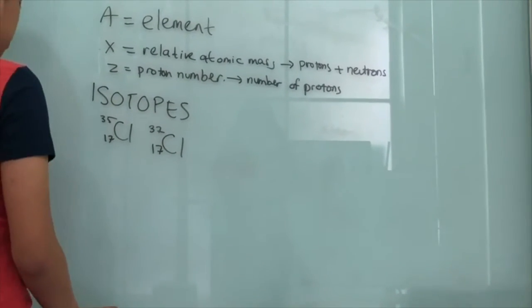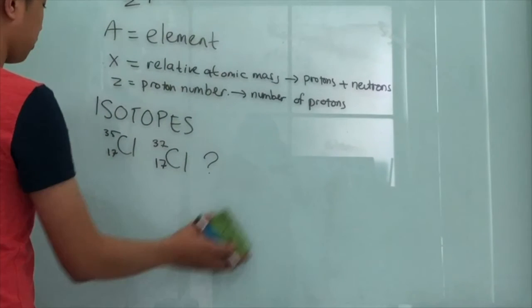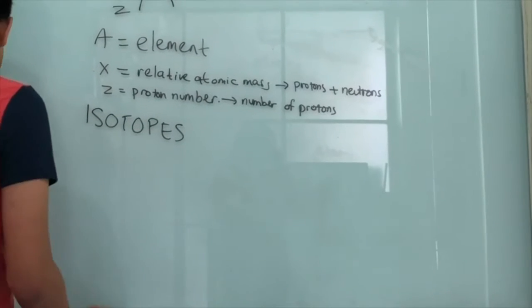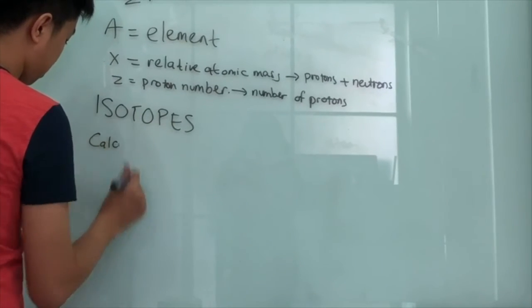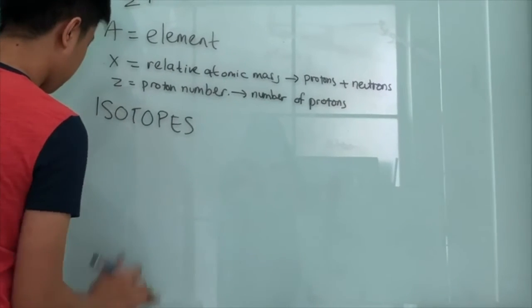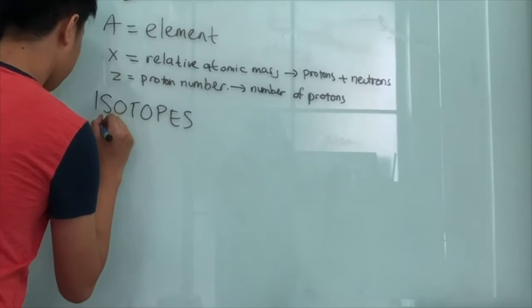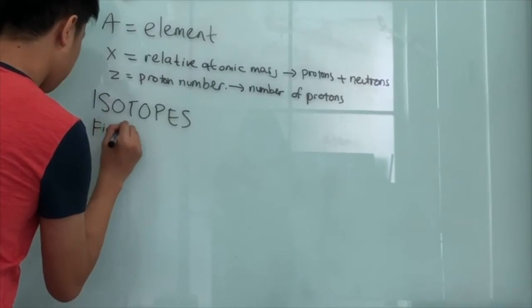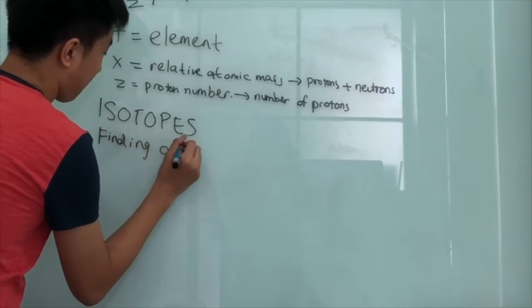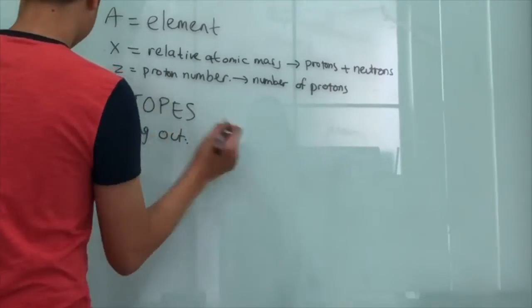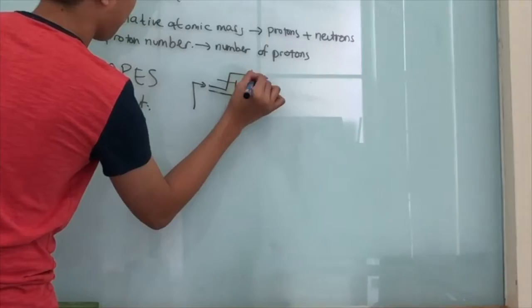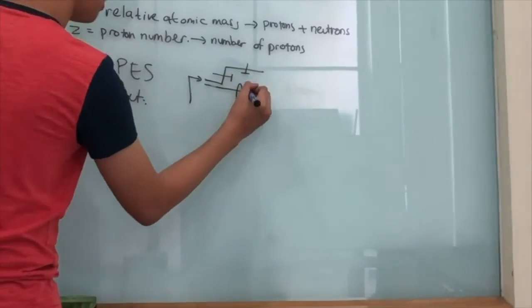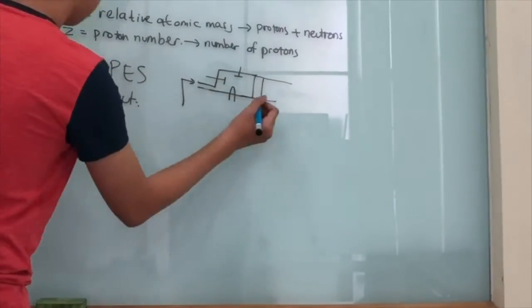It can have a relative atomic mass of 35 or 37. To find out different relative atomic masses of an element, we use an instrument called the mass spectrometer.